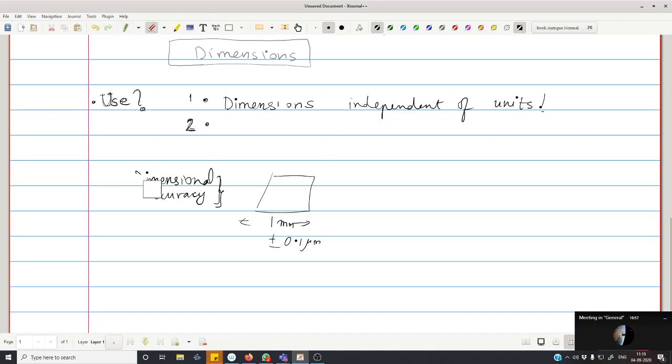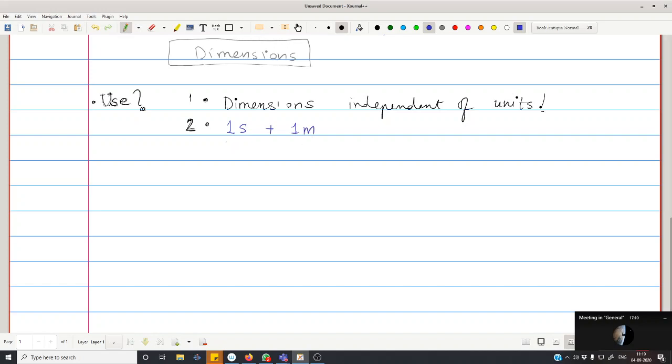But what he wanted to say, if I got his essence correctly, is I don't want to end up adding 1 second with 1 meter. I don't want to end up adding heterogeneous quantities.